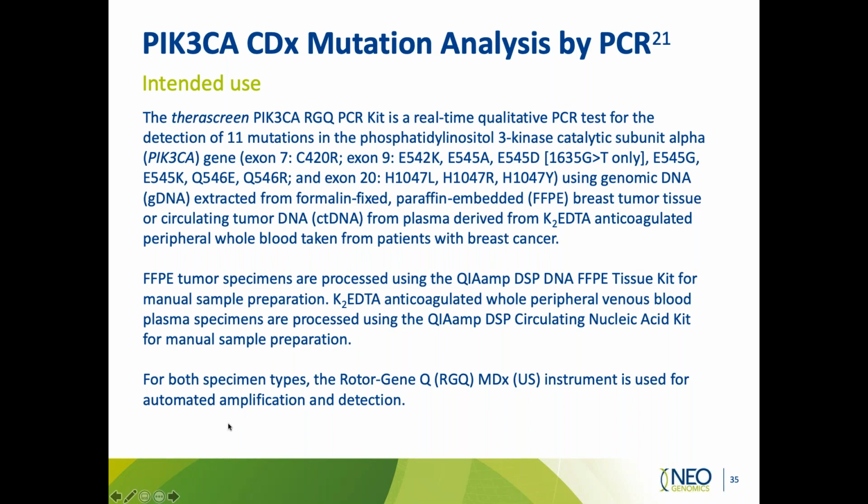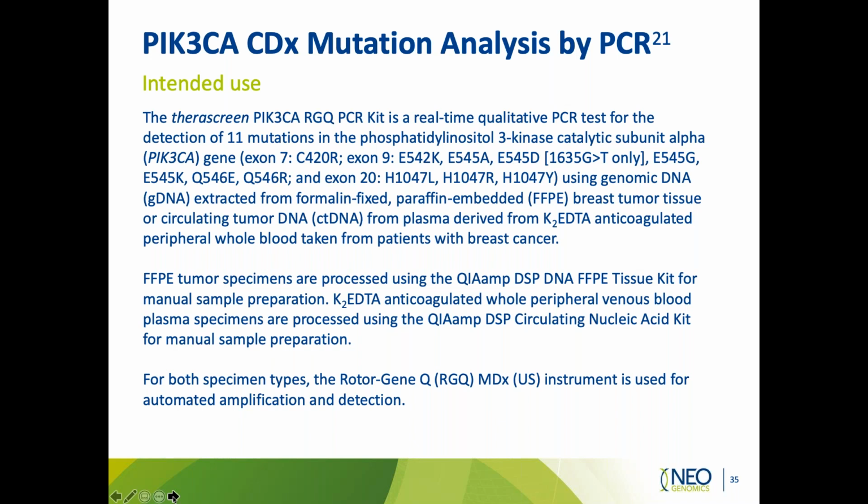And here's the intended use. So the full name is the TheraScreen PIK3CA RGQ PCR kit. Again, real-time qualitative PCR detecting 11 mutations in the PIK3CA gene using genomic DNA extracted from formalin-fixed paraffin-embedded breast tissue, or theoretically, at least, circulating tumor DNA from plasma-derived and EDTA anticoagulated peripheral blood tubes.